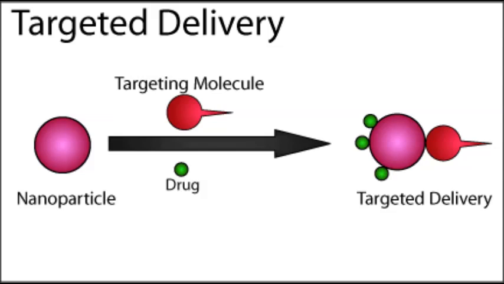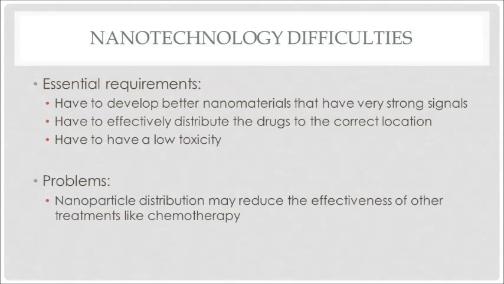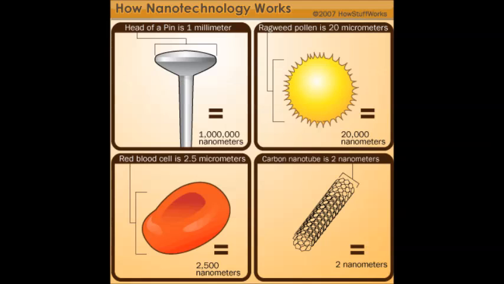And as we're trying to eliminate as much harm to the patients as possible, the field of nanotechnology must work to lower the toxicity of the materials and drugs used when they enter the body, as to decrease the amount of harm to the body as possible.